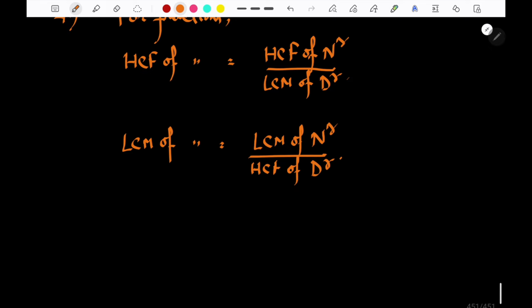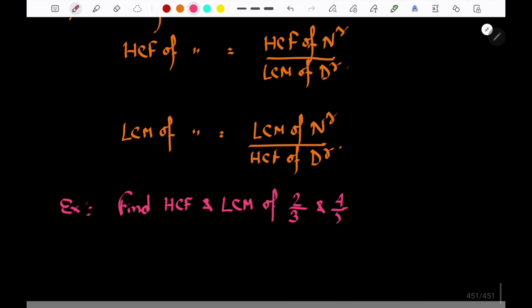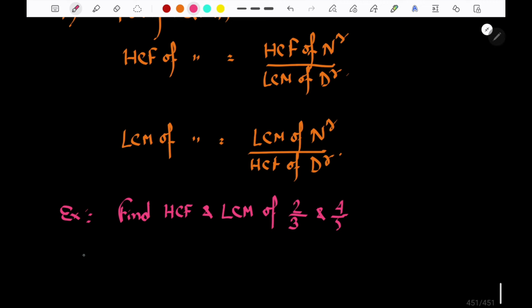Now for example, if I say find the HCF and LCM of 2 by 3 and 4 by 5, how do we do this? Solution. Now what is the way out?